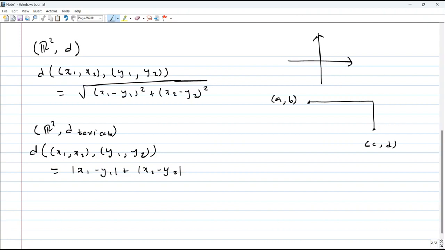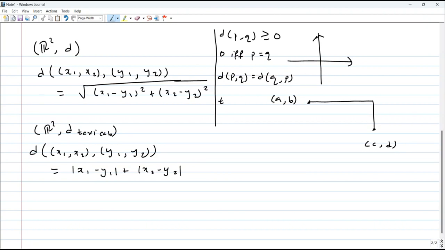Now the question is, does this satisfy the three properties of metric spaces? If you don't remember, the three properties were: the distance between any 2 points is always greater than or equal to 0, with 0 if and only if p equals q; symmetry, the distance between p and q equals the distance between q and p; and finally the triangle inequality.